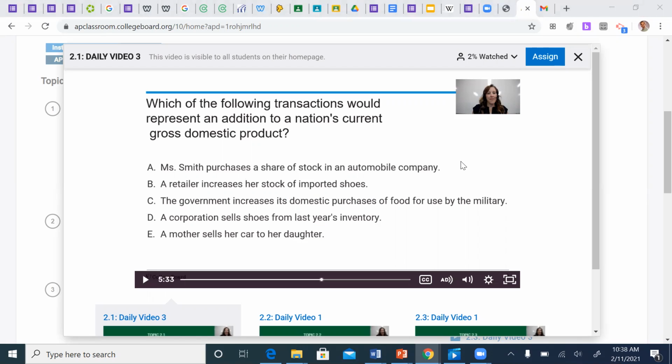C, the government increases its domestic purchases of food for use by the military, would definitely be a contender. A and B are wrong because stock isn't factored into GDP.